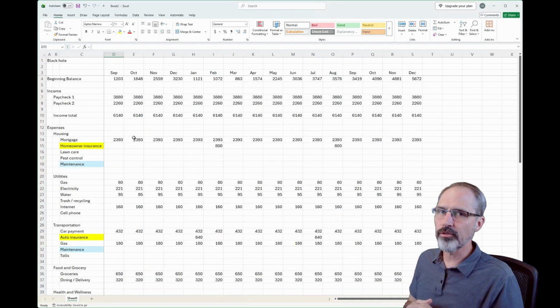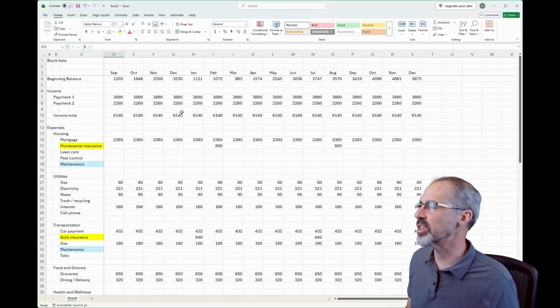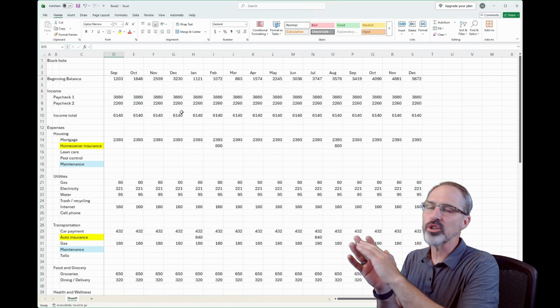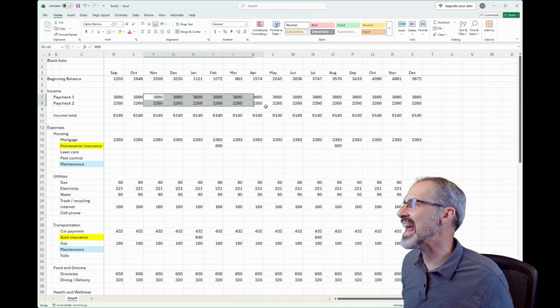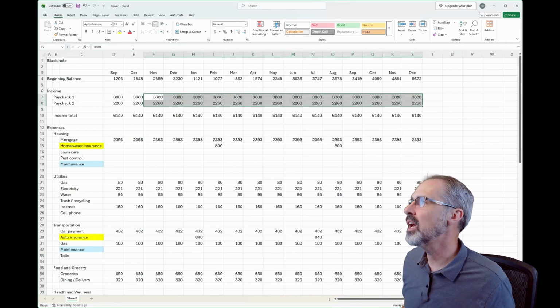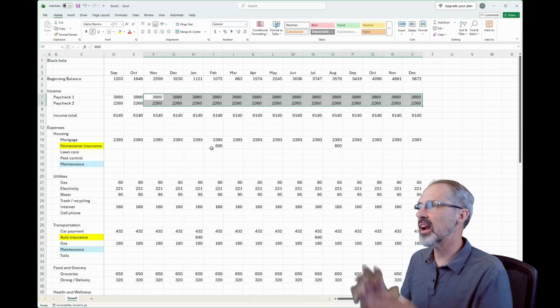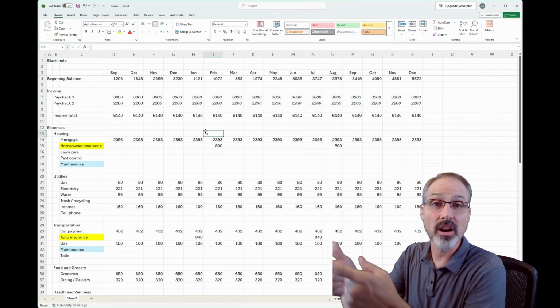But let me give you one final hint about what you can do with this. One of the things that I do is when I project forward, I make sure to go and anytime I'm projecting forward, I turn it italics. And by turning it italics, I know that's not a real number.